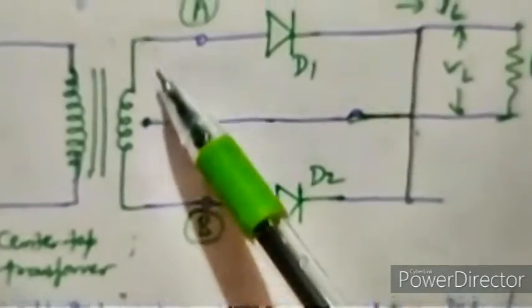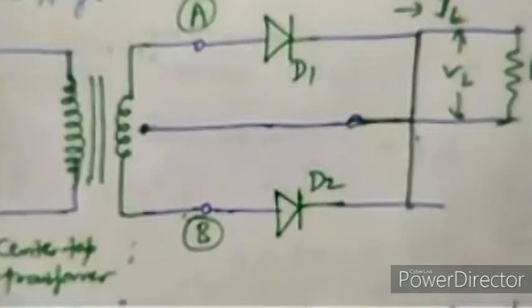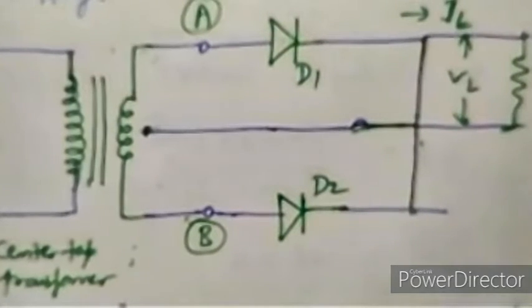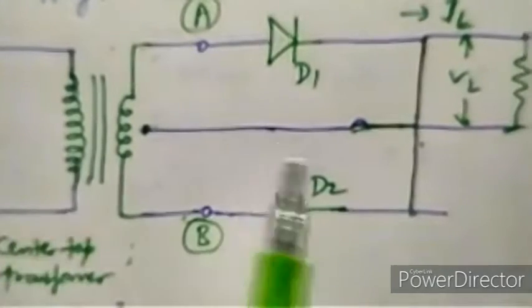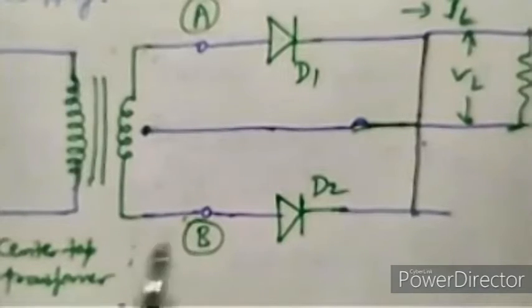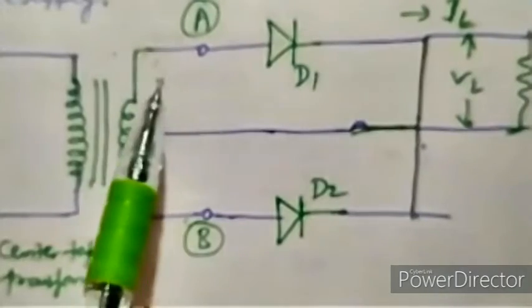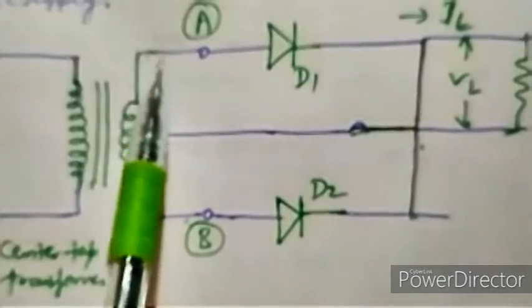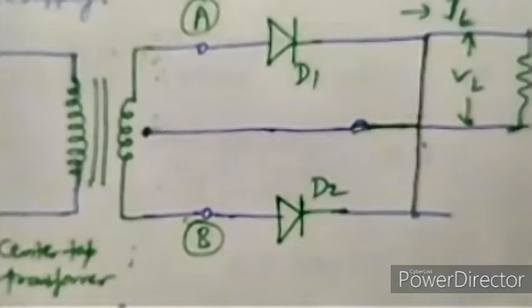Now we'll see what happens when the positive half cycle of the AC supply comes. The voltage drops will be positive, negative, and positive, negative.